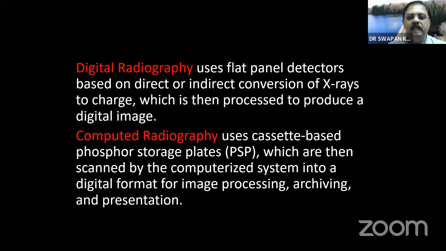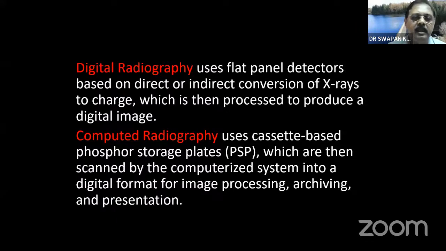But now things have changed a lot. So what we now do, either we do computer radiography. It means that an analog X-ray machine can be converted to computer radiography by using a cassette-based phosphor storage disc, which is then scanned by a computerized system into a digital format for processing and then printing, obviously. And it takes just a very little time, 5 to 7 minutes.